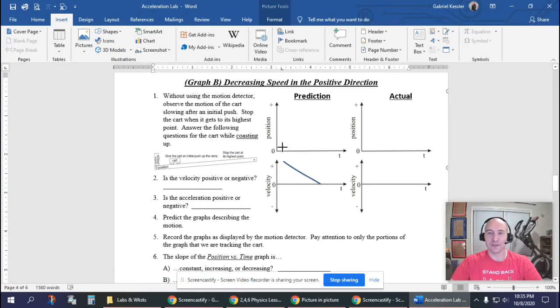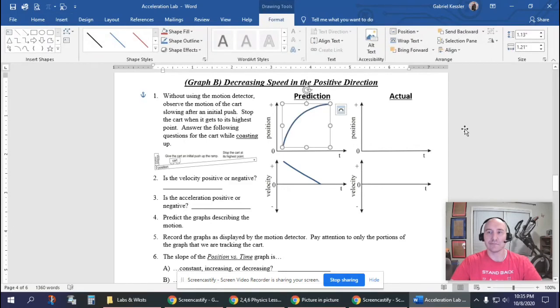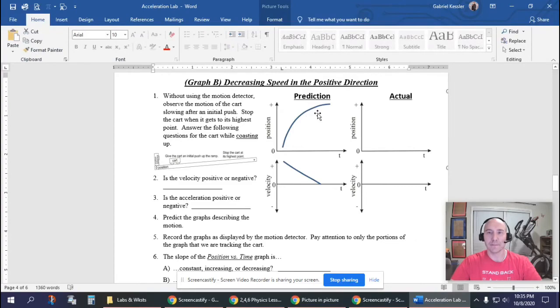All right, so position versus time. Remember, the slope of a position versus time represents velocity. So we're moving really fast initially, so it's a steep slope. But then we get a little bit shallower slope because we're slowing down. And then we're slowing down a little bit more, and a little bit more, until we stop and our position stops.